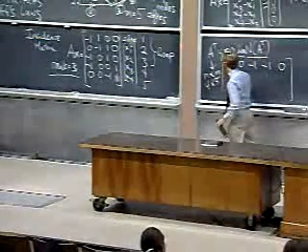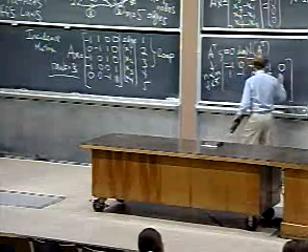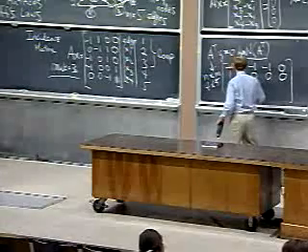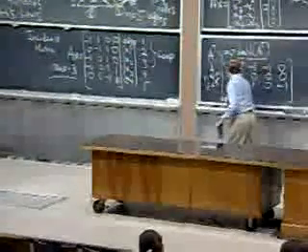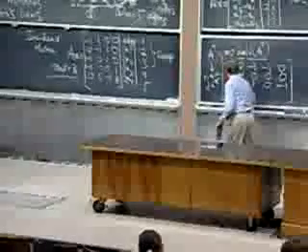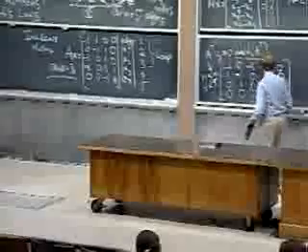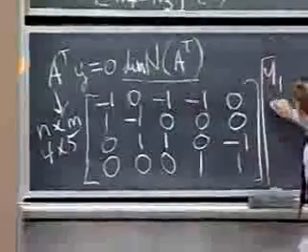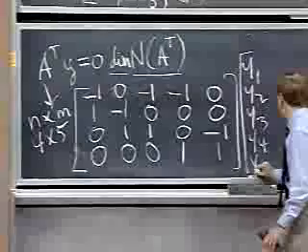The second row is 1, minus 1, and 3 zeros. The third column becomes the third row, 0, 1, 1, 0, minus 1. And the fourth column becomes the fourth row. Okay, good. There's A transpose. That multiplies Y: Y1, Y2, Y3, Y4, and Y5.